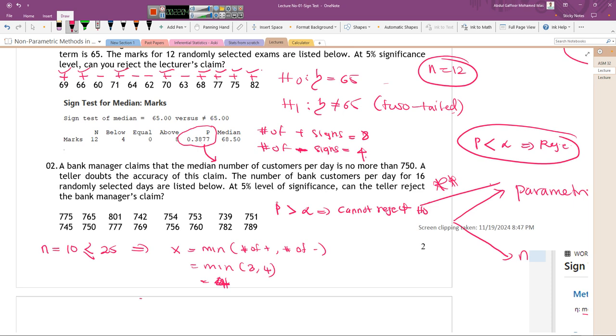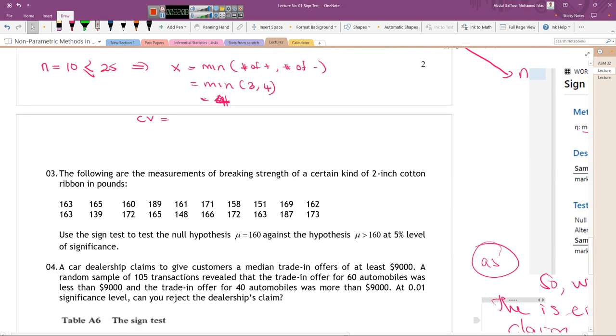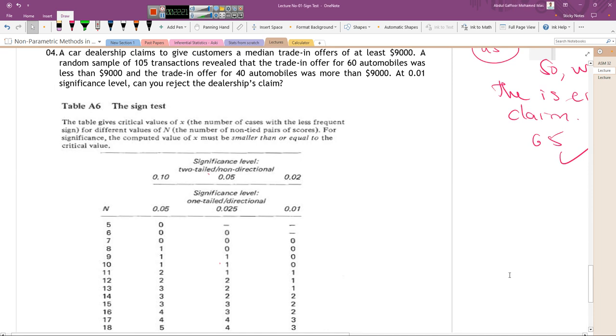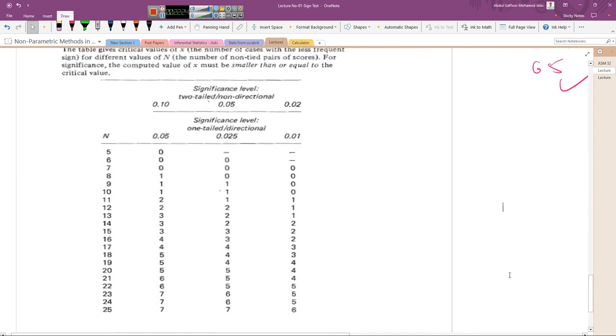Now we have to compare with our critical value. The critical value can be obtained from the table, so now we will go to the table to find this critical value. We have a two-tailed test, and our alpha value is 0.05 and our sample size is 10.